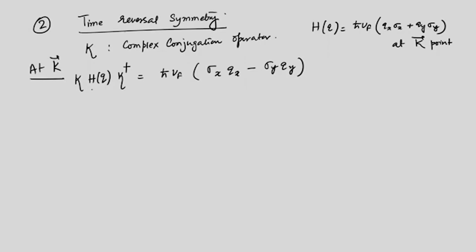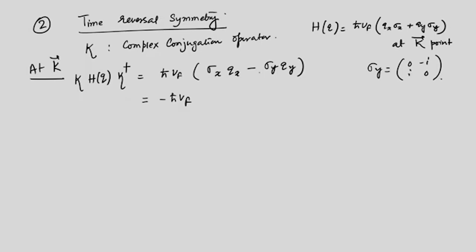If you apply this time reversal operator, then it gives you this, which can be written as minus H cross V f, and I hope you understand why there is a minus sign. The minus sign arises because sigma y is a complex matrix. Even though it is Hermitian, it is like this. Okay.